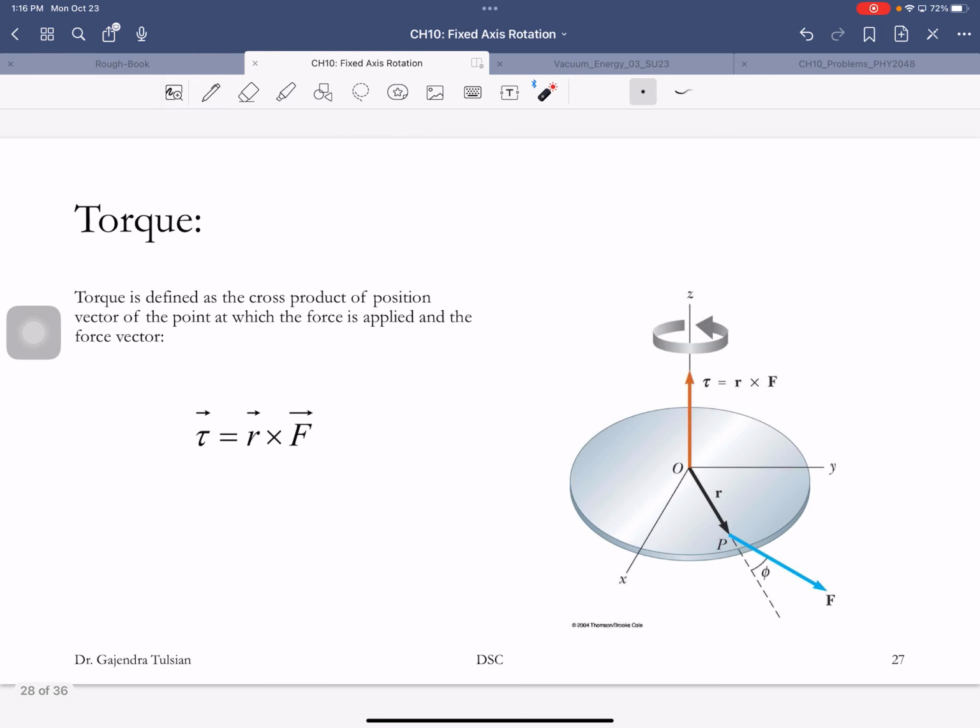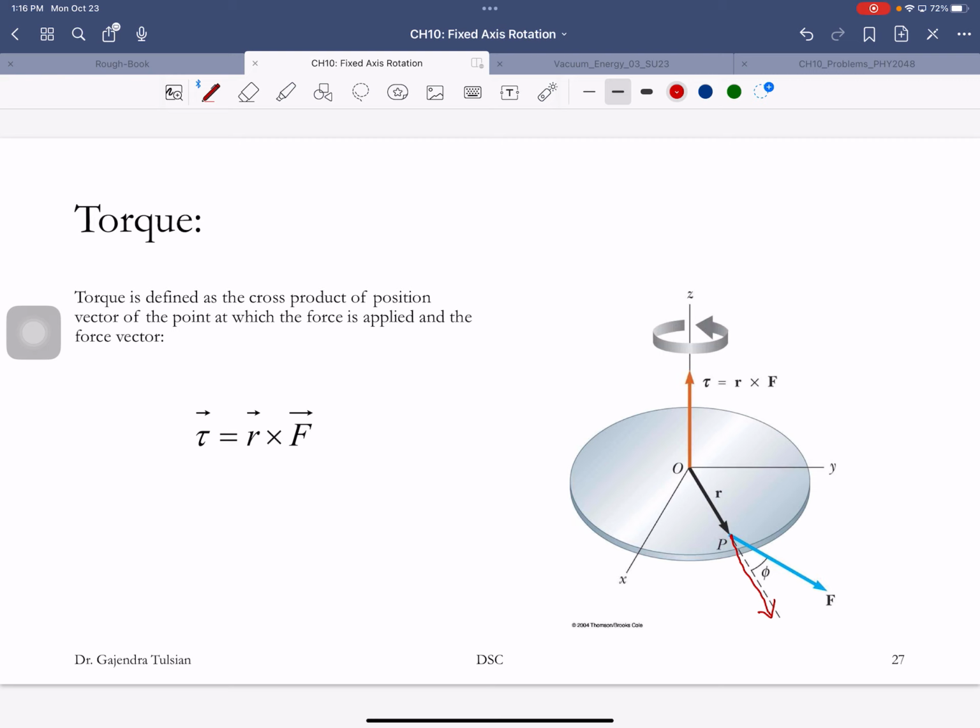So the torque of a force is R cross F. Here's an object, there's the axis of rotation, and if you apply a force like that, there's R cross F. Now let's say I apply a force at this point in this direction. Can I rotate the object?